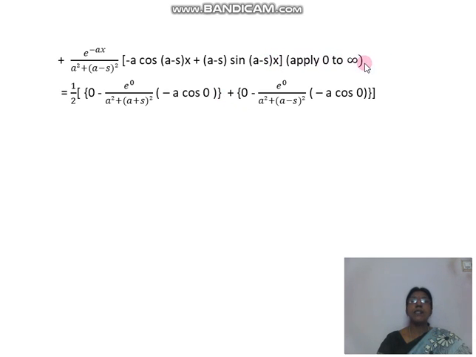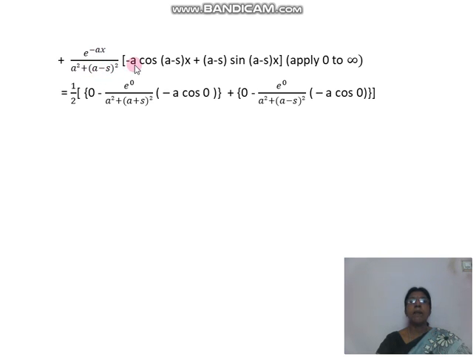For this also, first taking infinity, e power minus infinity is 0, by anything into anything is 0. Leave it. Next, the 0 application, with a minus sign: e power minus 0, that means e power 0, by a square plus a minus s whole square.